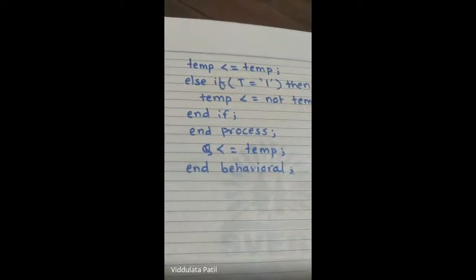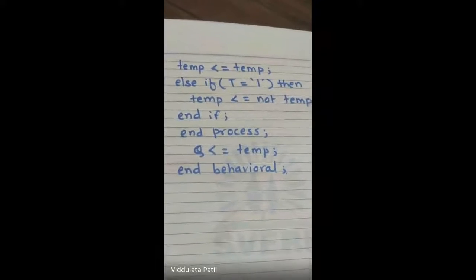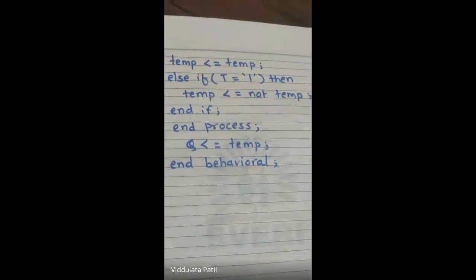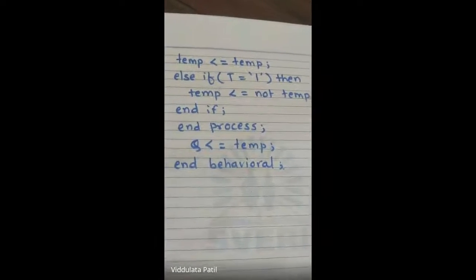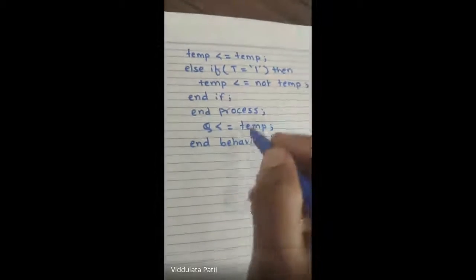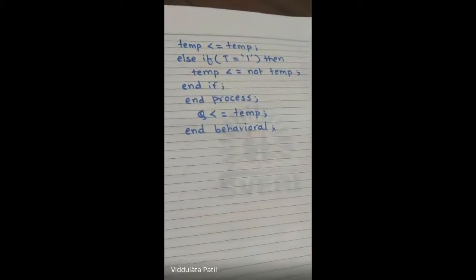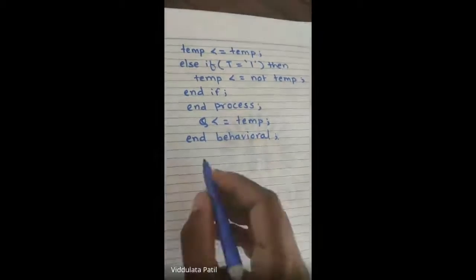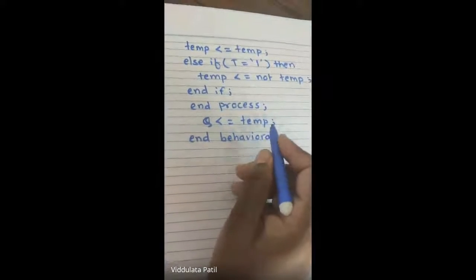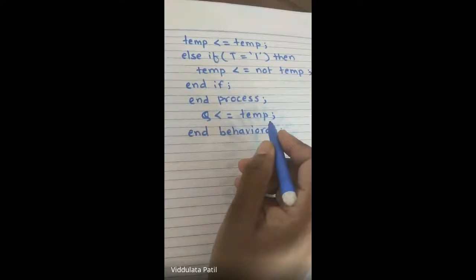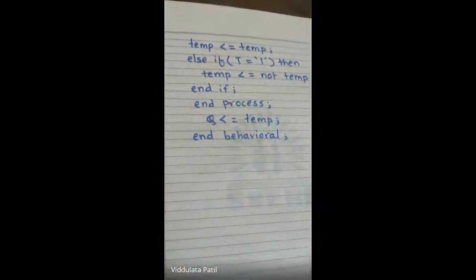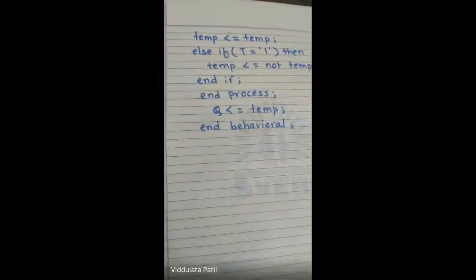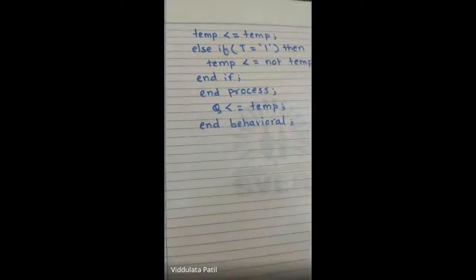But if t is equal to 1, then temp will be not of temp. And then after ending this process, that means after executing this sequential statement, we are going to assign q, that is to this signal, that is temp. Okay. So end of this architecture. So this is about the T flip-flop.